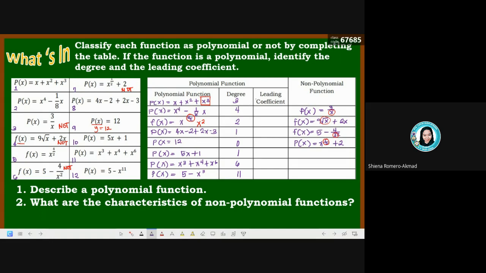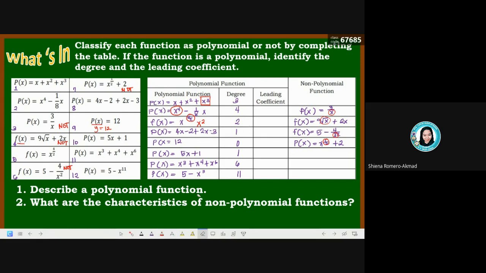So, pag sinabing leading coefficient, ang tinutukoy is the coefficient of that term with the highest exponent. So, sa number 2, makikita mo, x raised to 4. Yan yung leading term. That's why, yung coefficient niyan ang magiging leading coefficient.